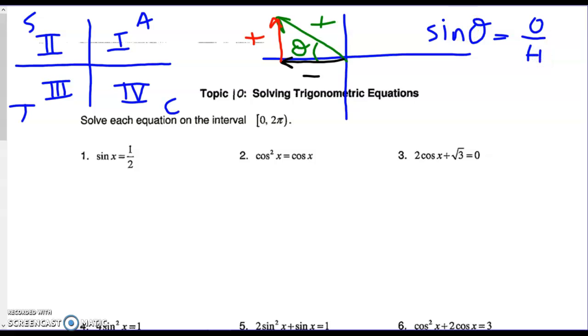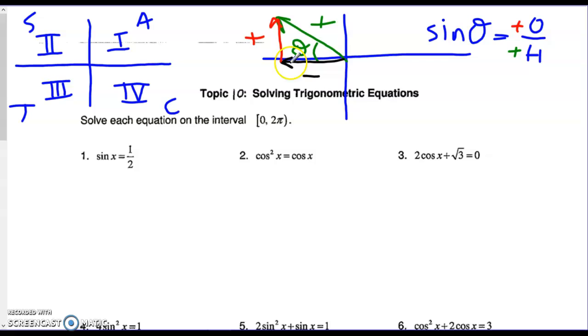So when I'm looking here, my opposite side for this right triangle is that positive red arrow in the y direction, and the hypotenuse is our positive green arrow. Both of those are positive. So no matter what the values are for the red arrow or the green arrow, they're both positive. Therefore, the sine function will always be positive in this quadrant.